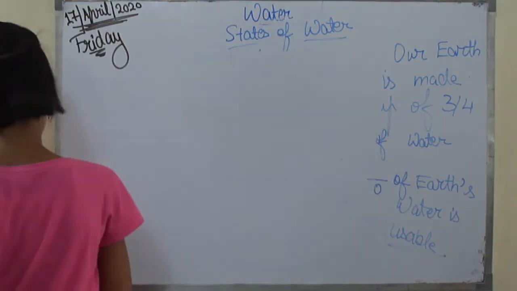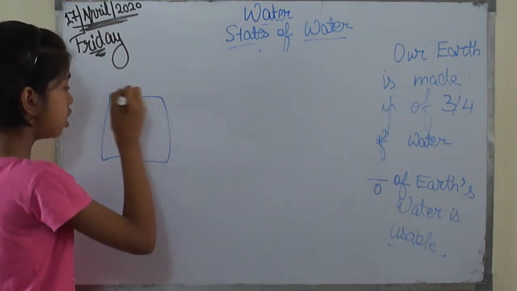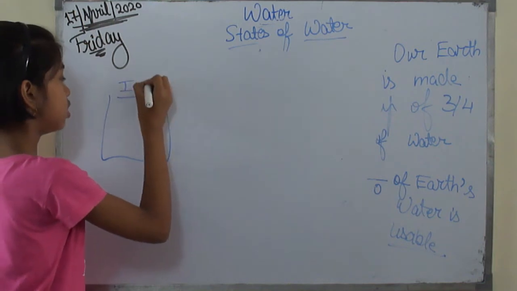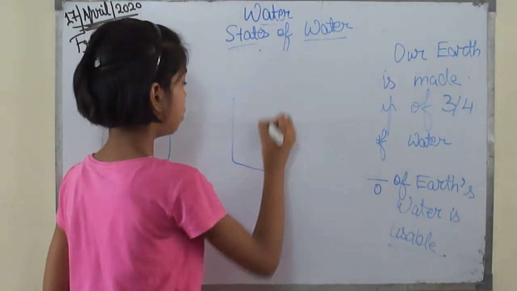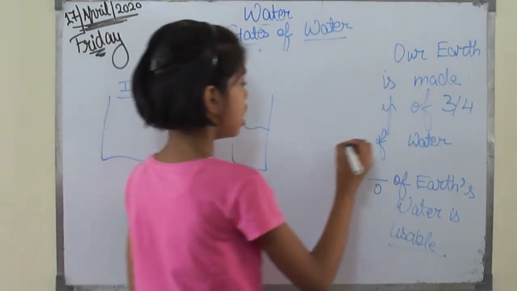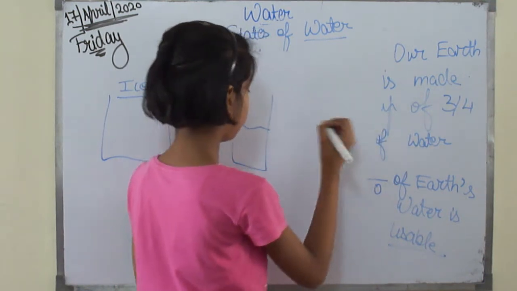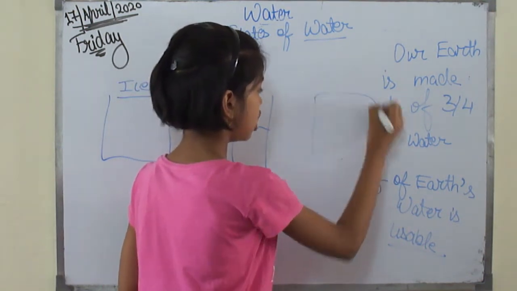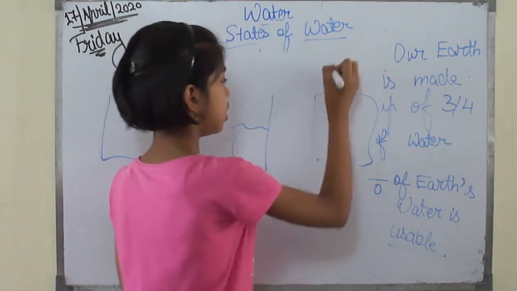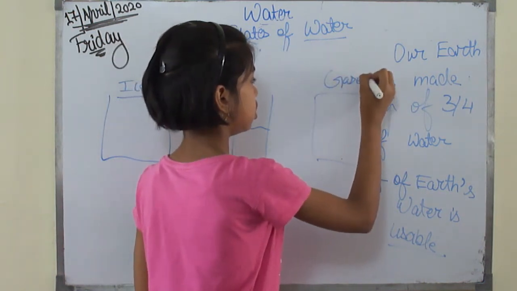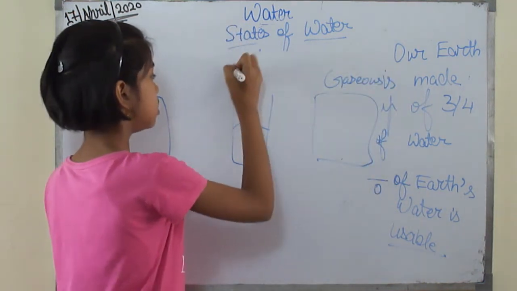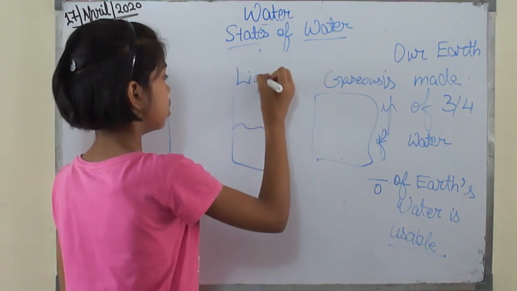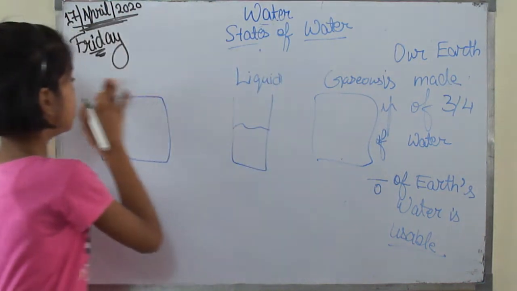Here I have the solid, the ice, then the liquid form of water, and then the gaseous form of water. I'm taking this to represent the gaseous, this the liquid, and this the solid.